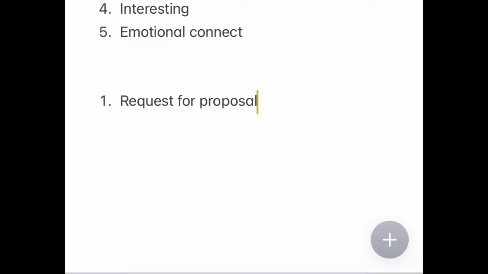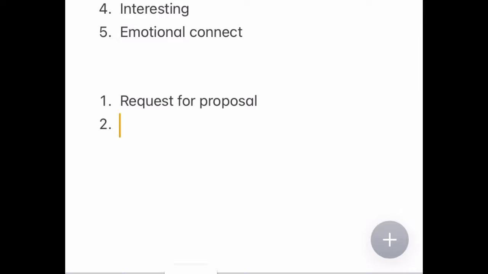It could be somebody asking for some kind of proposal from you or your company, wherever you're working, or your business, and you are making a proposal for addressing their needs or coming up with some solutions. So that could be one scenario, and it can come in various different ways, slightly overlapping.